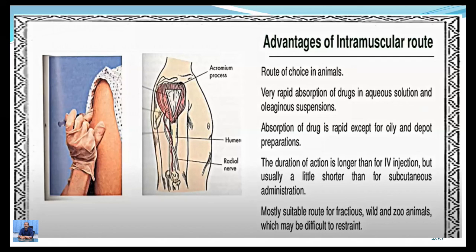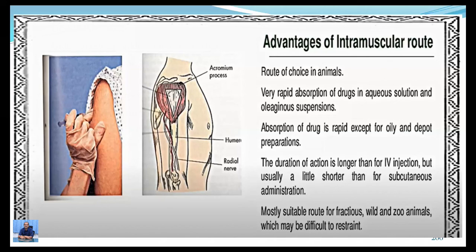Absorption of the drug is rapid except for oily and depot preparations. The duration of action is longer than the IV injection, because of slow absorption and low excretion of the drug, which means it's longer acting.